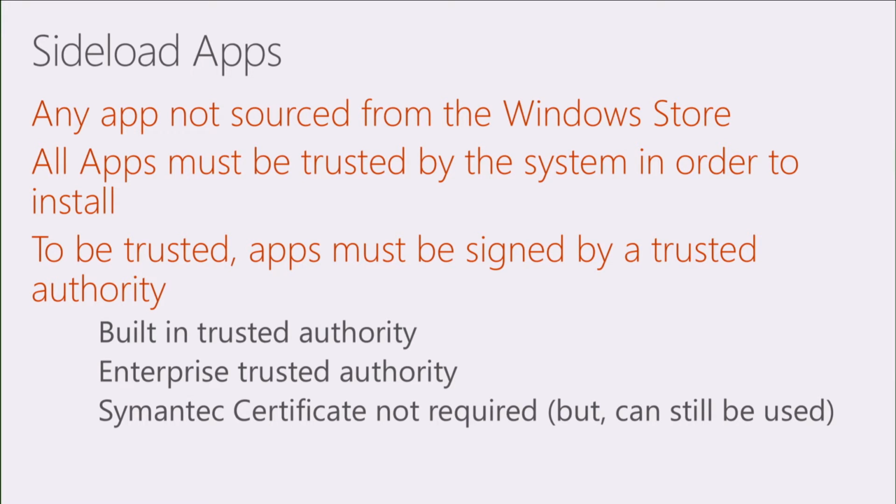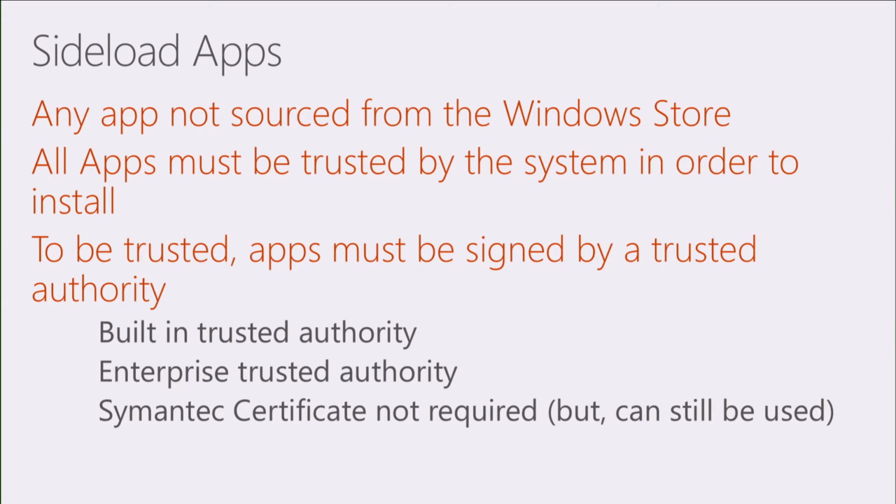Somebody has to make that choice. And the way they need to decide that is the application must always be signed. We simply do not allow an application package to be installed if it's not signed. It just doesn't happen. So it must be signed, and it must be signed by someone that the system trusts, right?